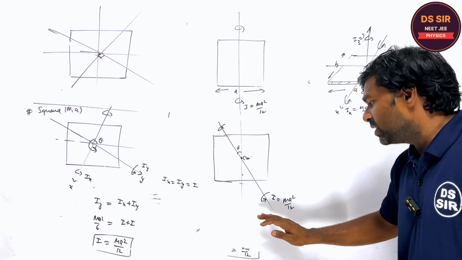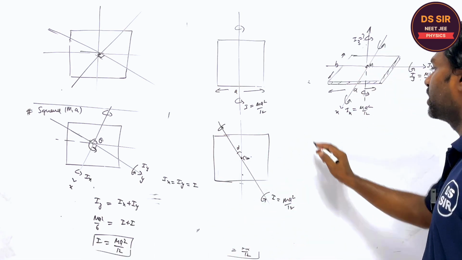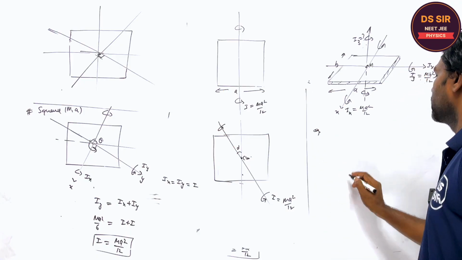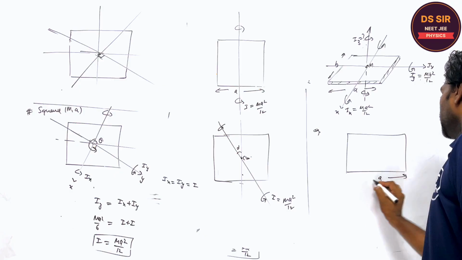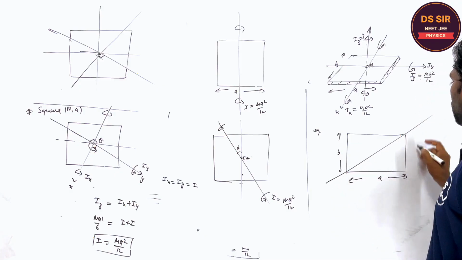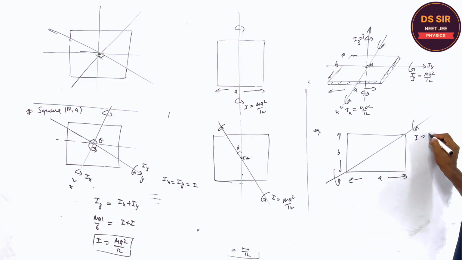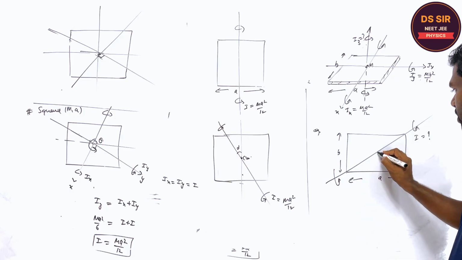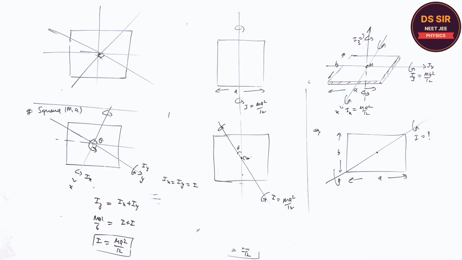Listen to one thing. This is valid only for the square. If we consider a rectangular sheet, with sides A and B, and I ask the moment of inertia about this axis, how do you find the moment of inertia about the diameter, the diagonal?